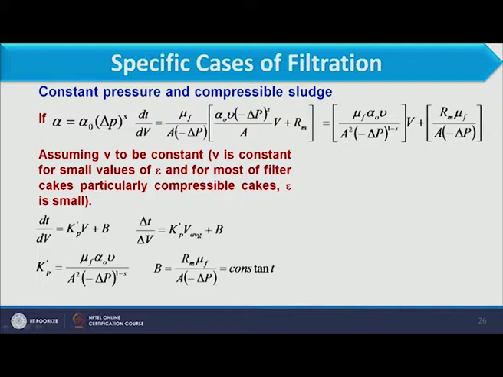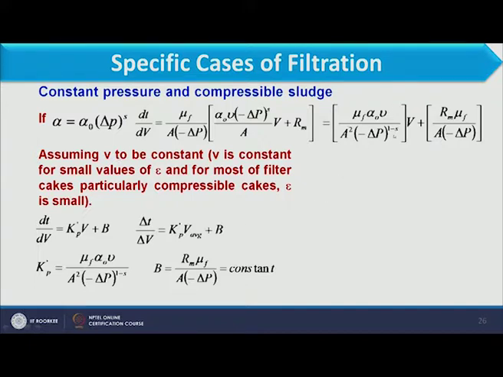So collecting the constants, we have one constant which will be multiplied with the volume, and here we have another constant. Usually V varies, but here we are assuming V as constant for a small value of epsilon, and for most filter cakes, particularly compressible cake, the epsilon value is very small, so we can consider V as small.